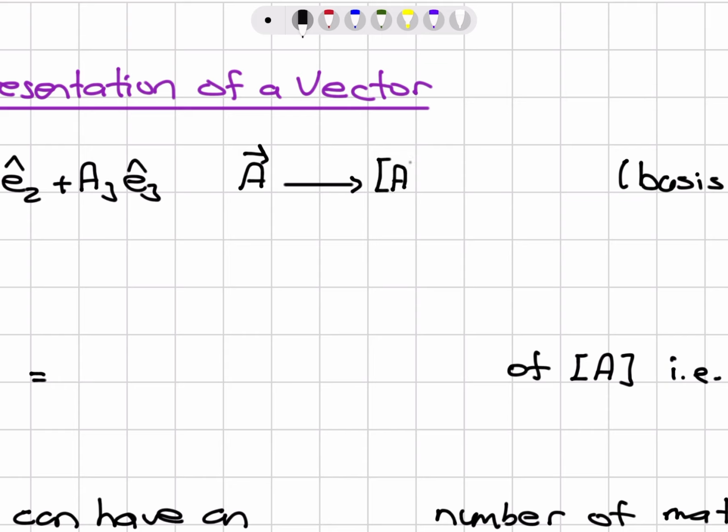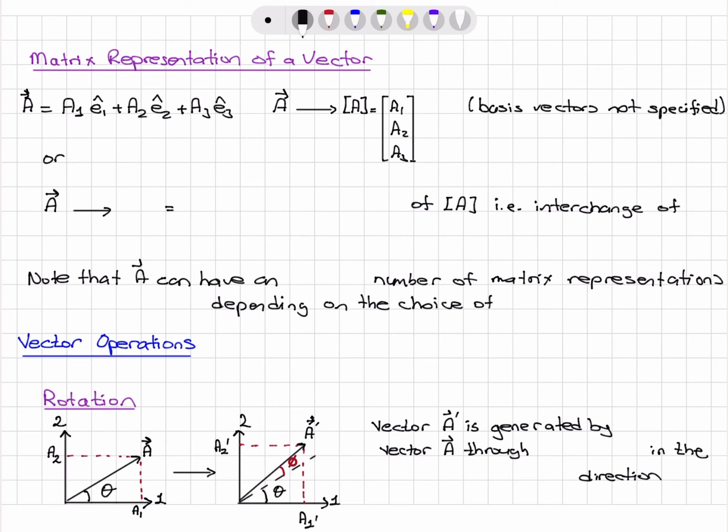We can show it as matrix A. It's going to have 3 rows and 1 column, A1, A2, A3. So we're going to write all the components of vector A in a single column. So you can see that this is one way of specifying the matrix. The basis vectors are not specified this way.